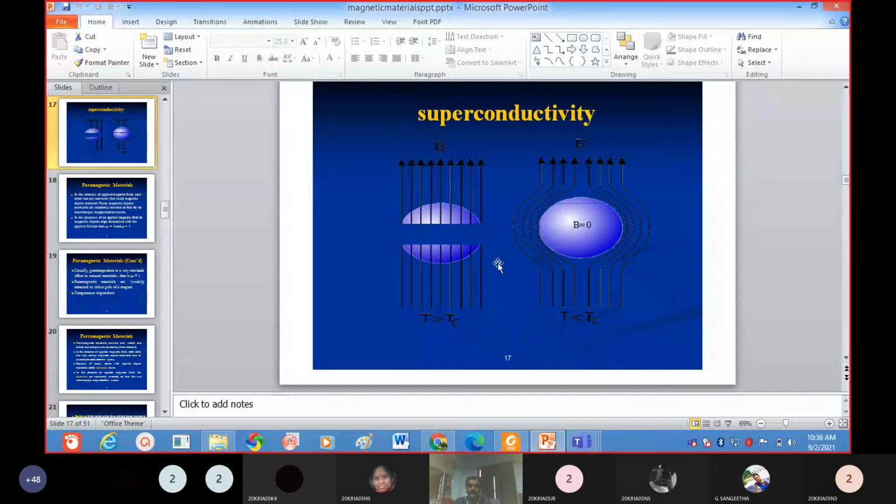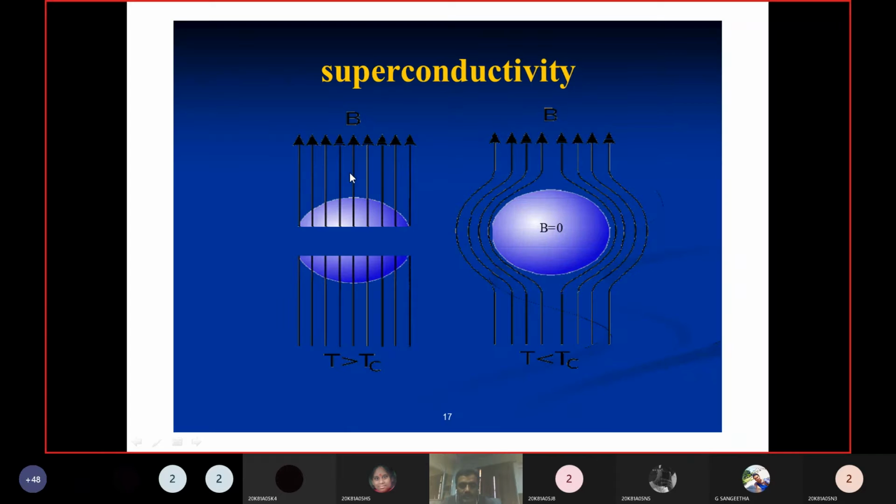See here, now what we are doing here is this superconducting material.